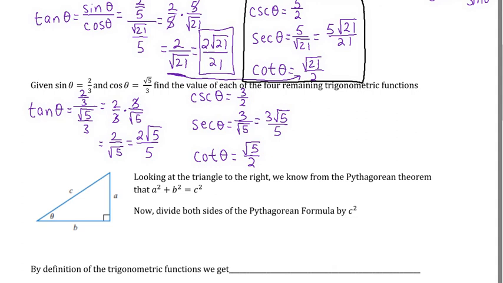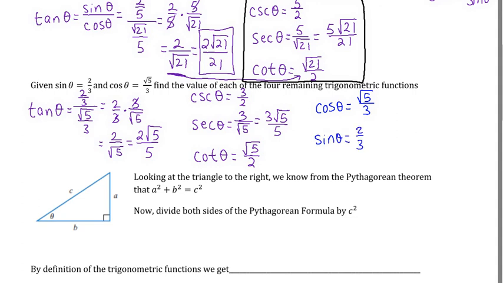Now, one last thing I want us to look at, we have cotangent is equal to 1 over the tangent. Tangent and cotangent are reciprocals, but also we can look at the fact that we have cosine theta equal to square root 5 over 3, and sine theta equals 2/3.